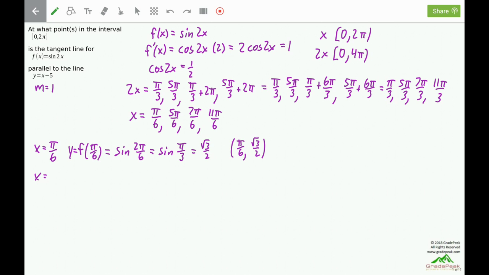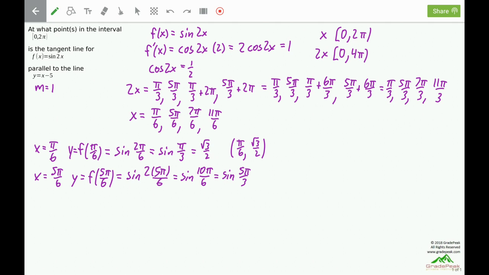The next one is x equals 5 pi over 6. My y-coordinate will be f evaluated at 5 pi over 6, which will be the sine of 2 times 5 pi over 6, which is the sine of 10 pi over 6, which can reduce to 5 pi over 3.